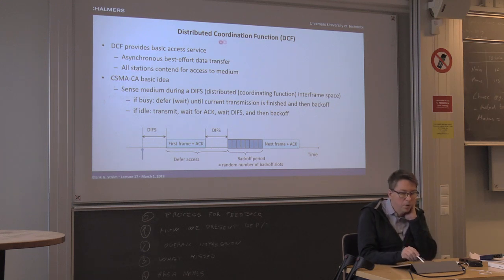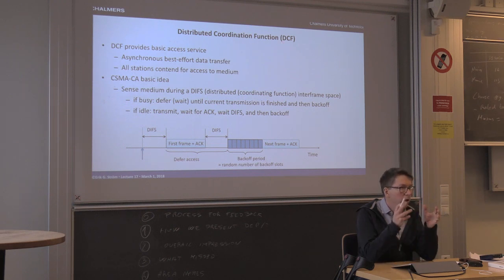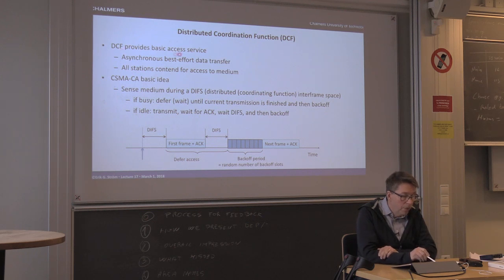Okay, so a little bit of details then. DCF, distributed coordinating function. So what is it? Well, it's a way of making these Wi-Fi nodes use the wireless channel in a good way, and they need to do that in a distributed way because there is not a central controller here. So basic access services, where we transmit frames with best effort, and all stations need to contend for the medium.